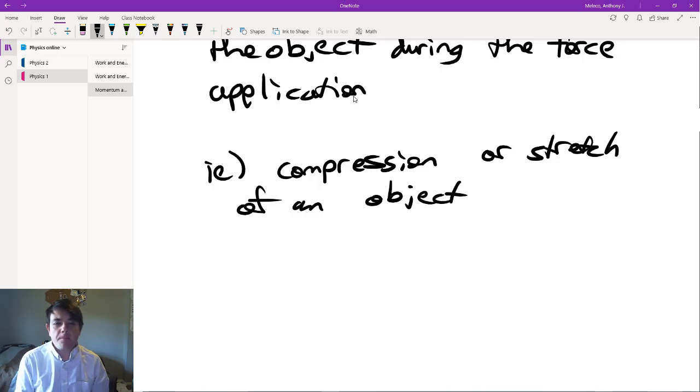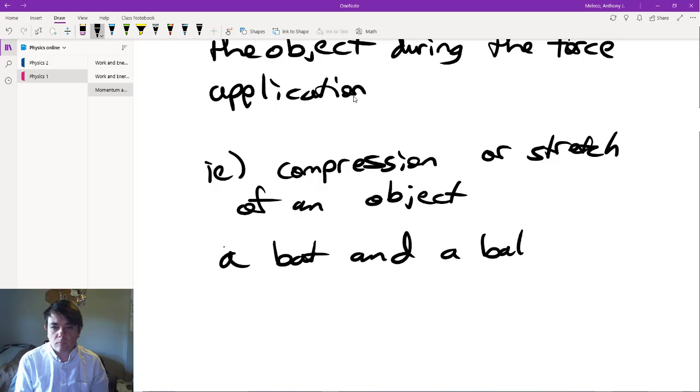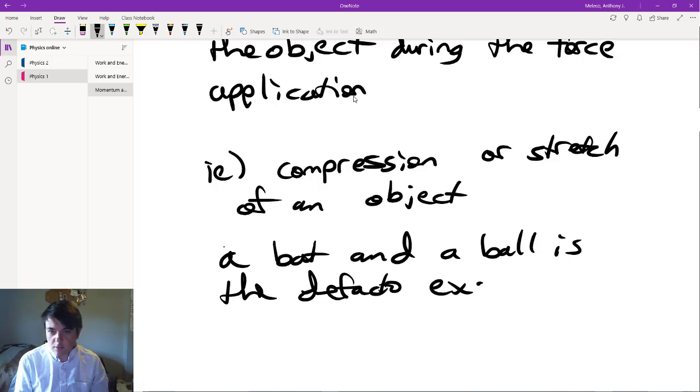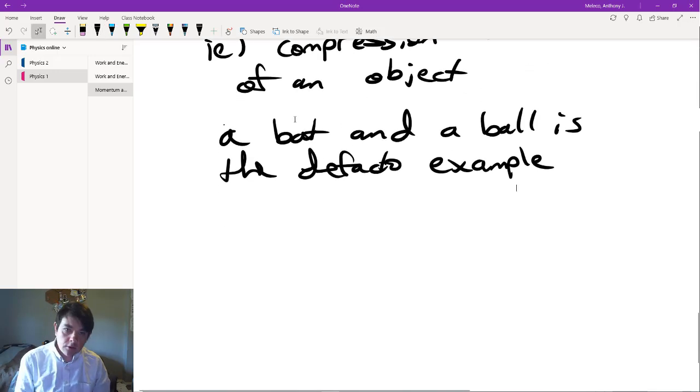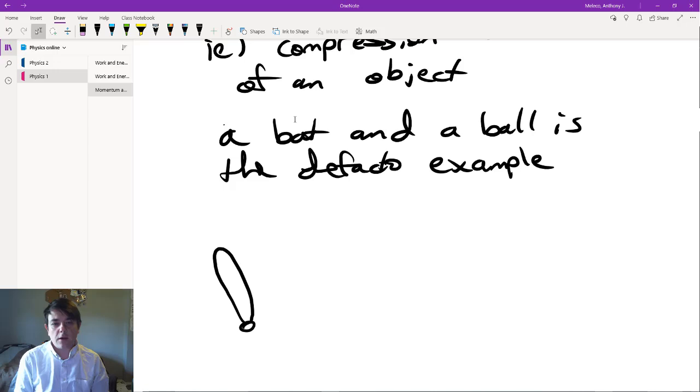Maybe the most famous example for this would be a bat and a ball. It's the de facto, main example here that you usually see. You have a bat, okay, and a ball's coming towards it.